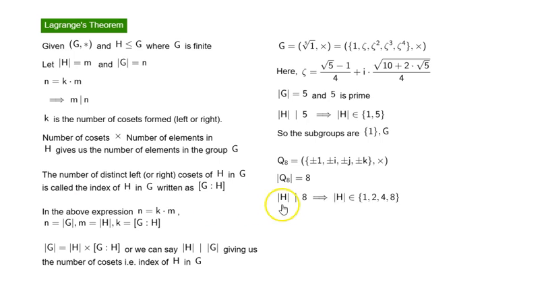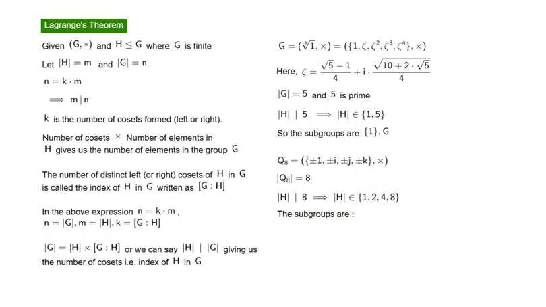And the order of a subgroup of Q8 would divide the order of Q8, that is 8, which implies that the possible orders of H are 1, 2, 4, and 8.